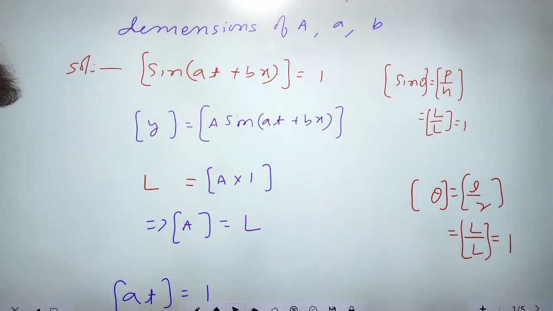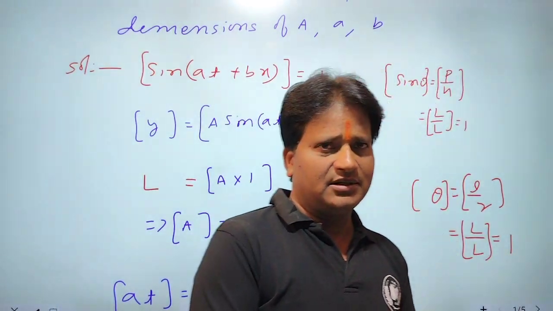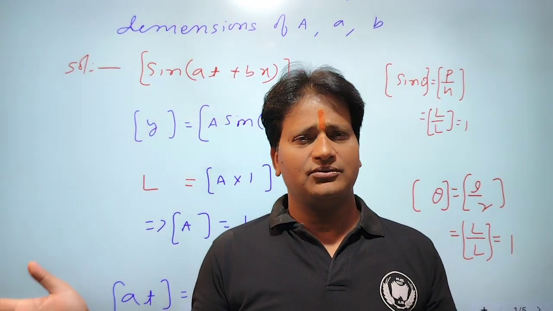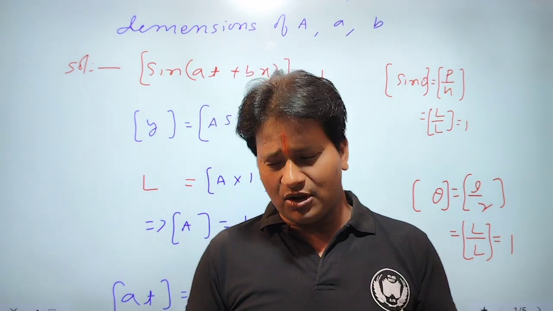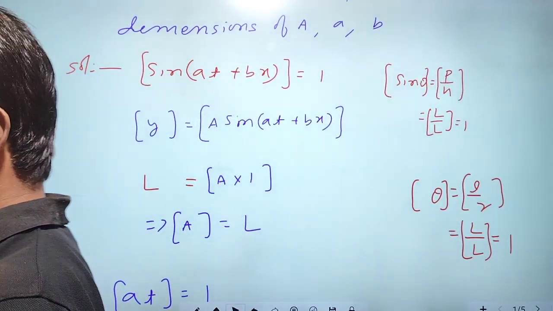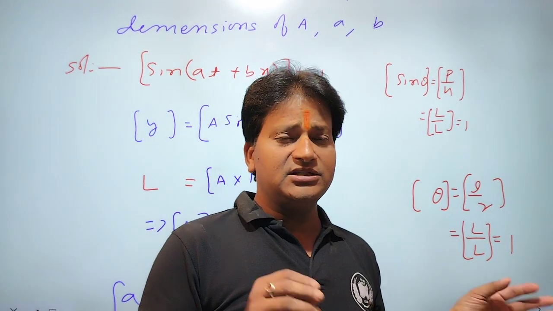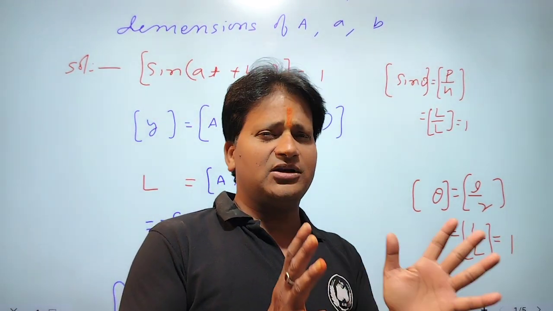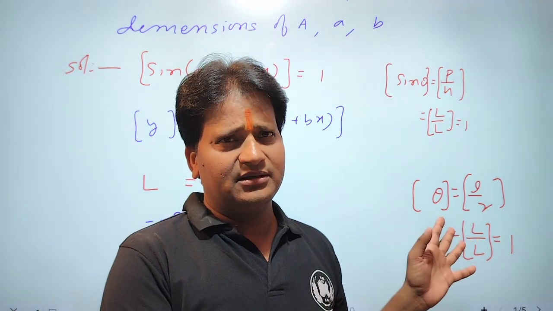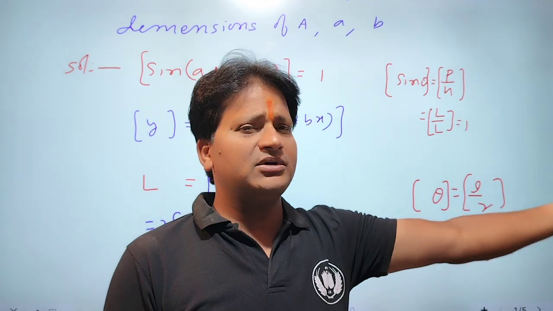We know that dimension of any trigonometrical function is equal to unity. This means that powers of all fundamental quantities present in the definition of that quantity will be equal to 0.